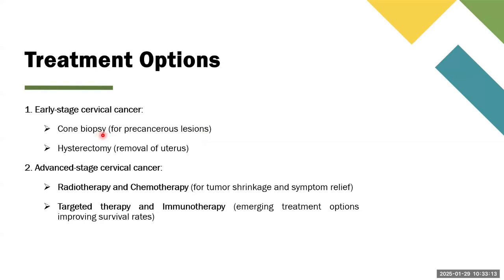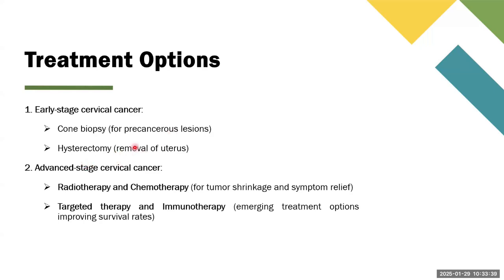Cone biopsy is basically a surgical excision of the wound in the shape of a cone. So it goes broader on the superficial level, but as the knife goes down, it narrows down like a cone inside the tissue. So that is cone biopsy for the precancerous lesion.